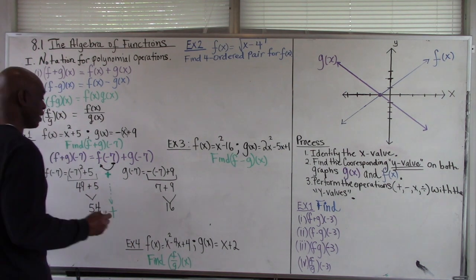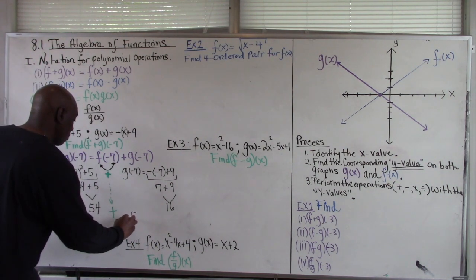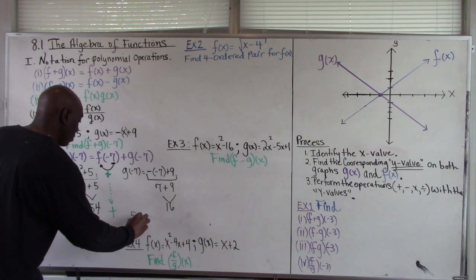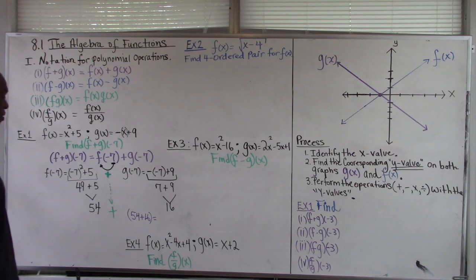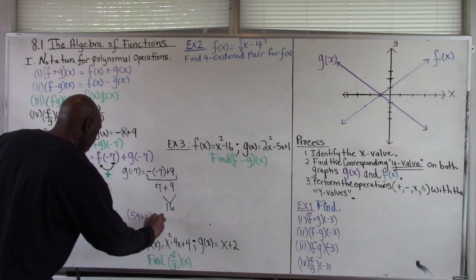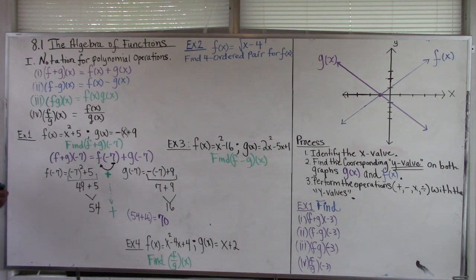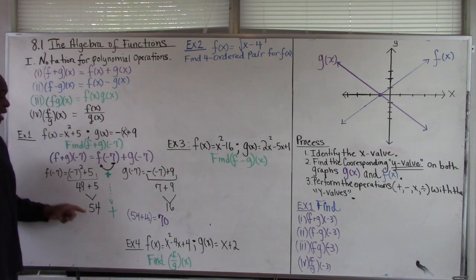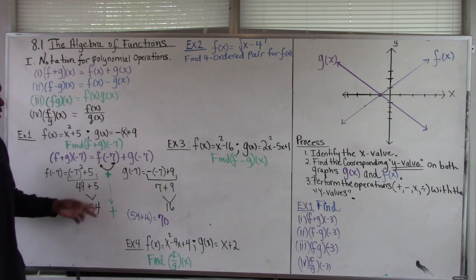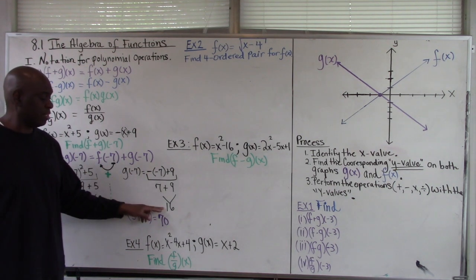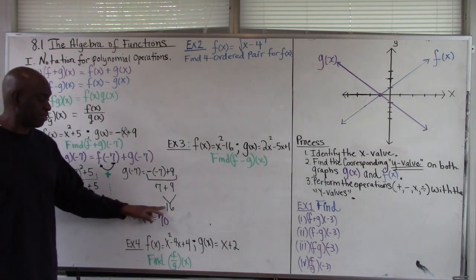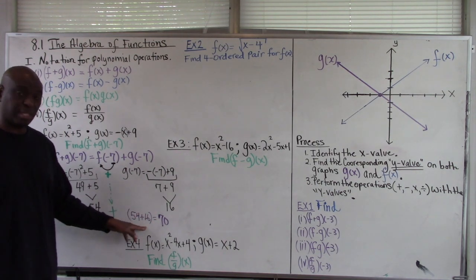So we have 54 plus 16. All right, well, we know what that is. 54 plus 16 equals 70. And that's it. There's the answer, 70. I took f of negative 7, got 54. g of negative 7 is 16. And 54 plus 16 is 70.